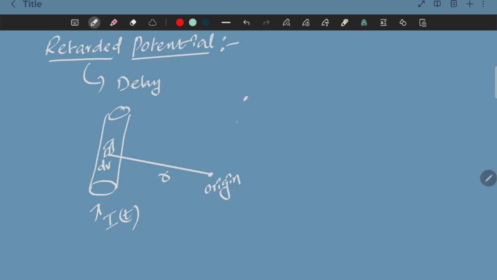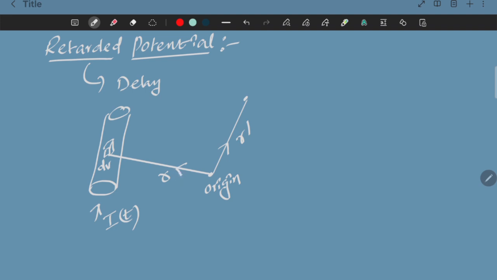And this particular point is having a position vector r dash. So position vector will be given with respect to origin. That is why this arrow I have given like this. Then the position vector of the source point is given by using this r.